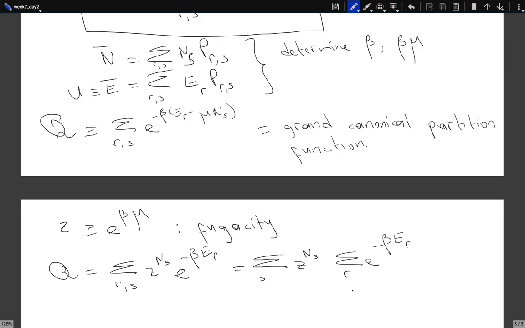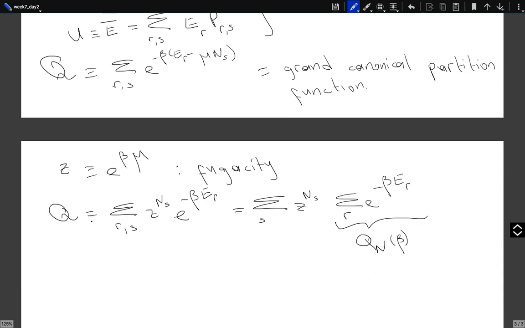But the second sum is nothing but the canonical partition function for a given number of particles. So this grand canonical partition function, you can evaluate it if you know the canonical partition functions through such a relation.